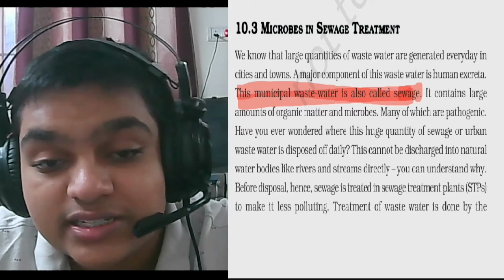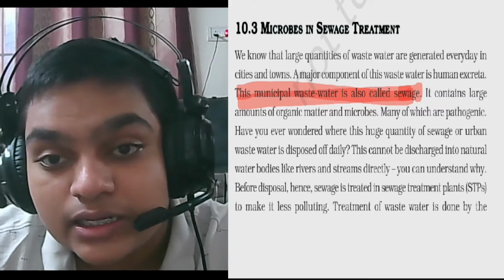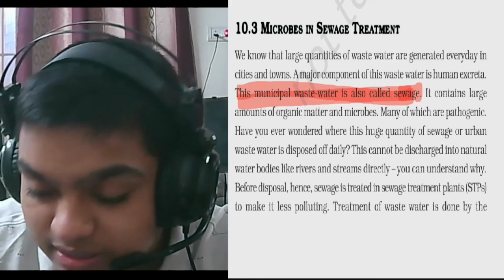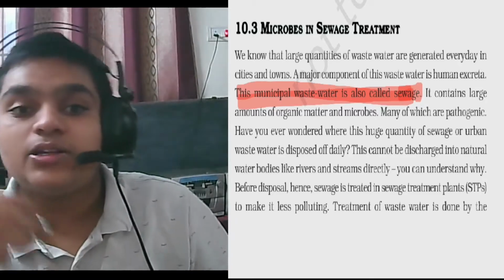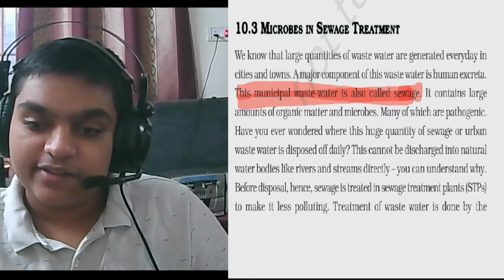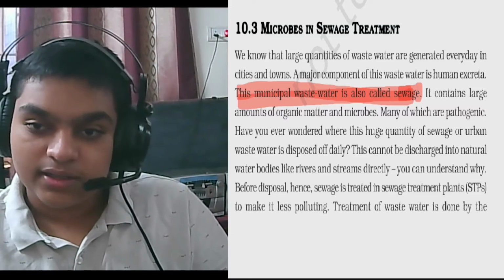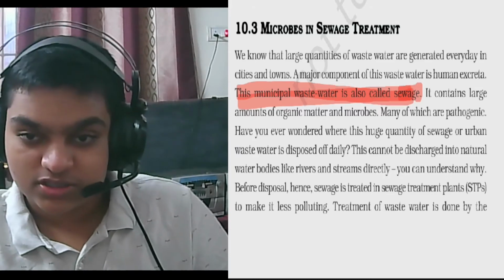If you release untreated sewage into the rivers, it can contain pathogens which cause diseases to the river bodies, making them prone to diseases, and they can kill small fishes.